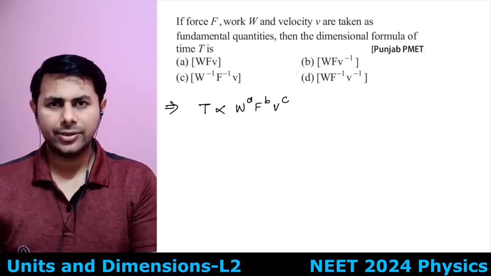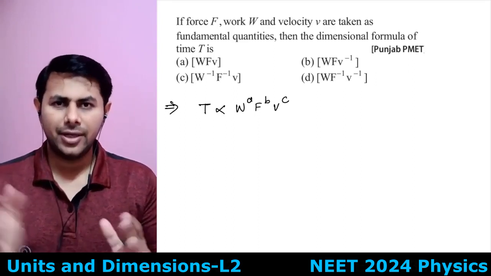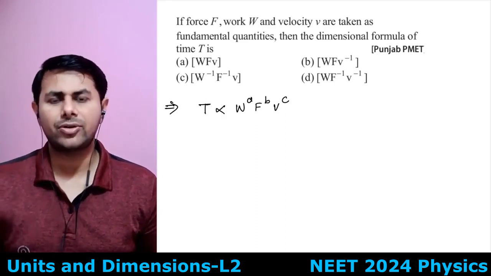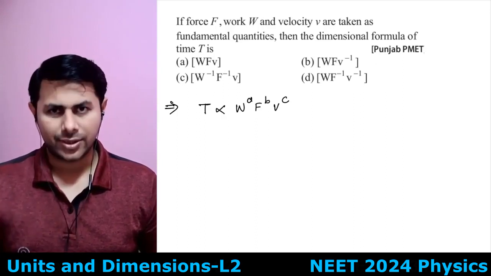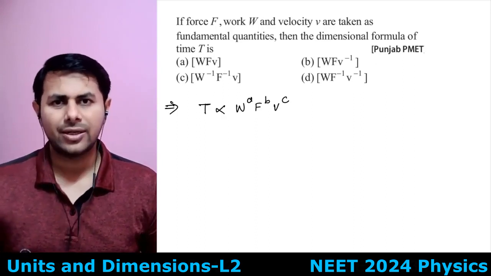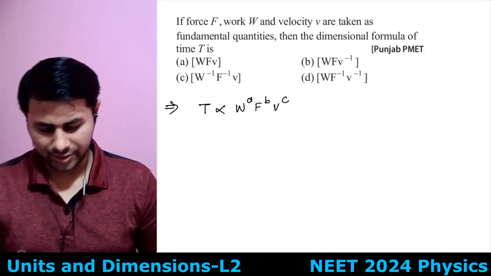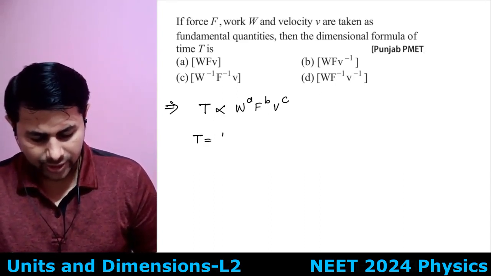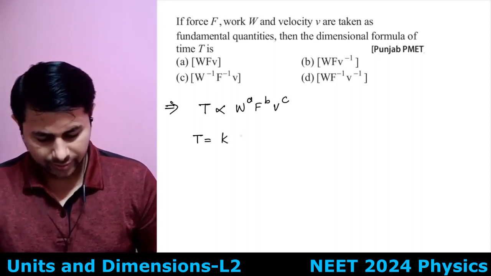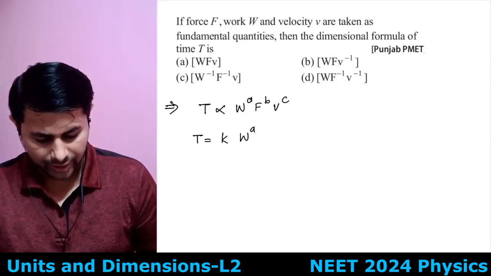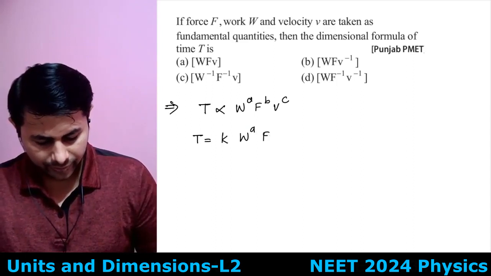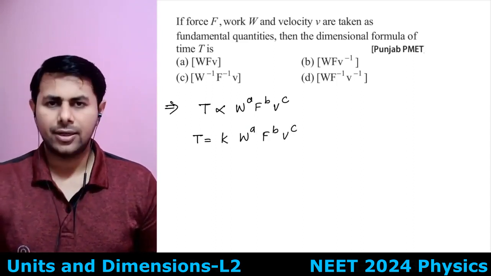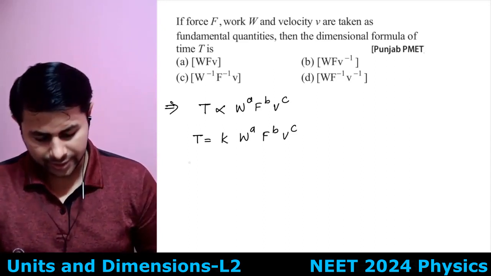So I have some formula for time in terms of work, force and velocity, but I don't know what are the powers of work, force and velocity in that formula. Those powers I need to figure out using dimensions. So T is equal to some dimensionless constant multiplied by work raised to A, force raised to B, and velocity raised to C. After that, I will take dimensions on LHS and RHS.